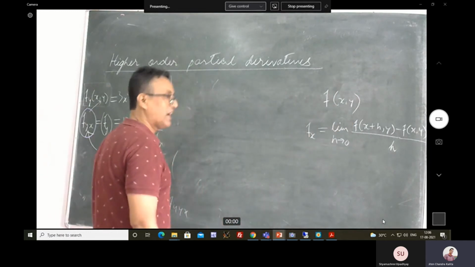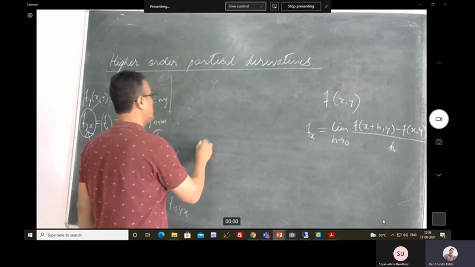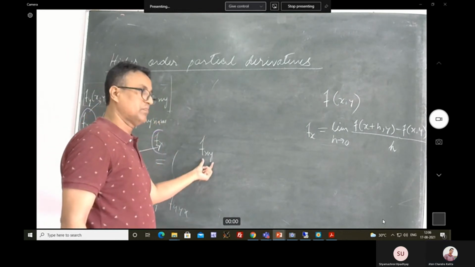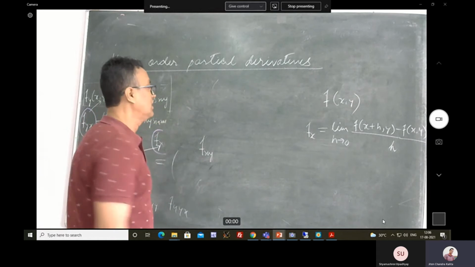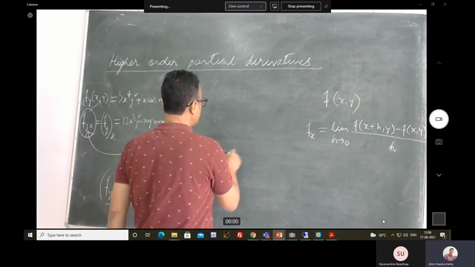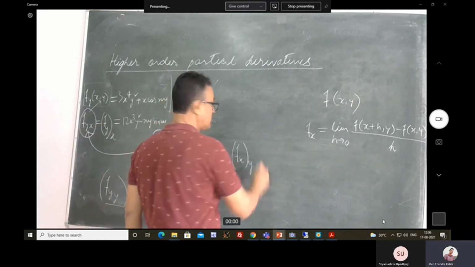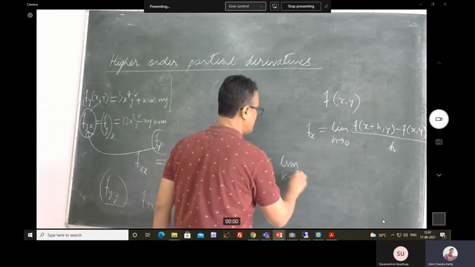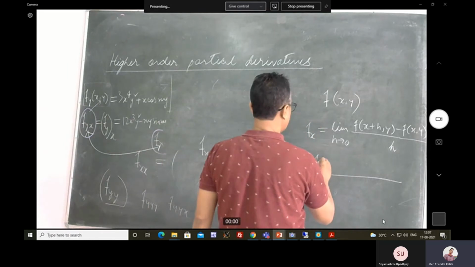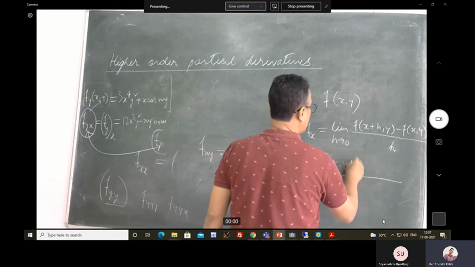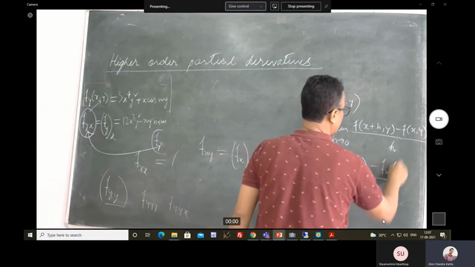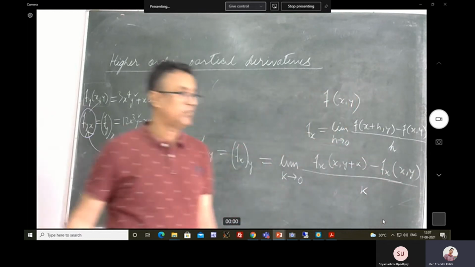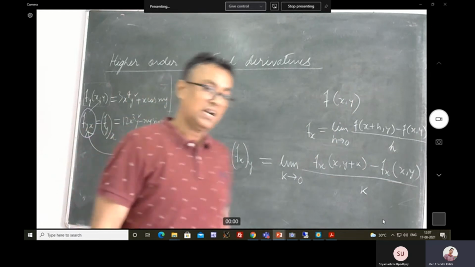Okay, so it may so happen that in order to find the mixed partial derivative, as you know, this is nothing but this, right? So then we may sometimes do this to be the limit as k tends to 0 of fx at x, y plus k minus fx at x, y, divided by k. That is what I meant by my earlier statement.